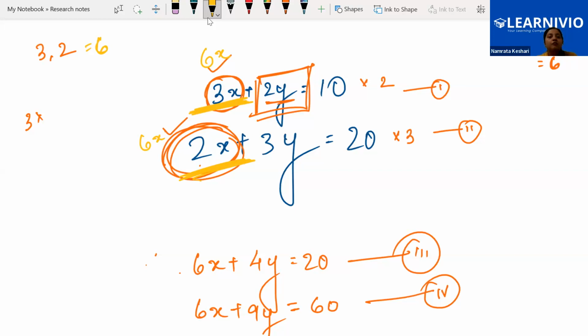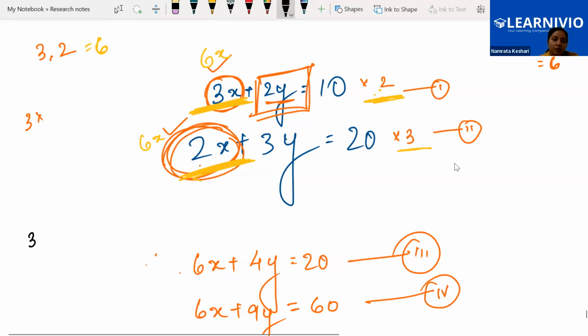For that we have to multiply equation 1 by 2, right Aisha? Yes. And equation 2 by 3. Are you getting my point, Aisha?